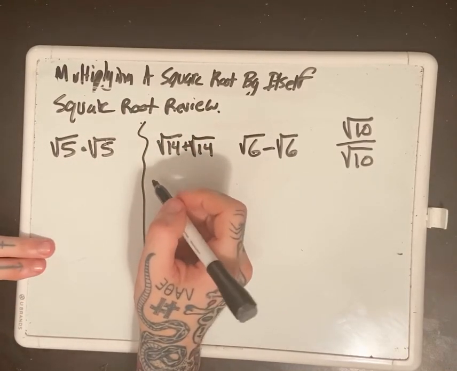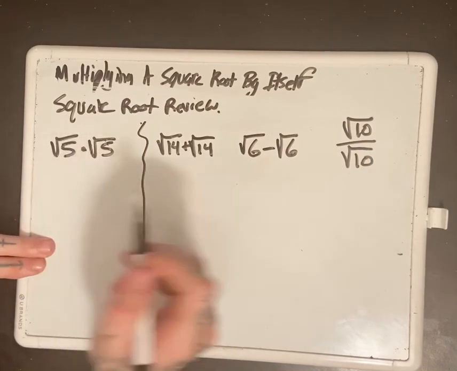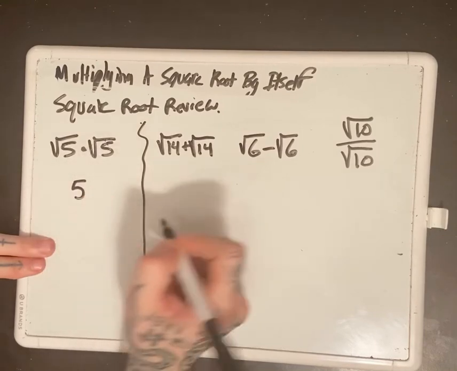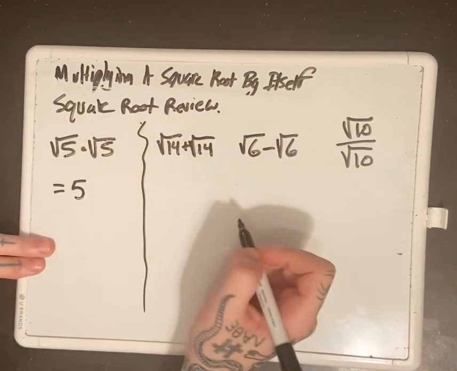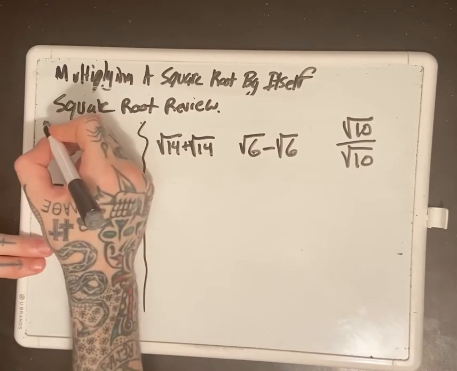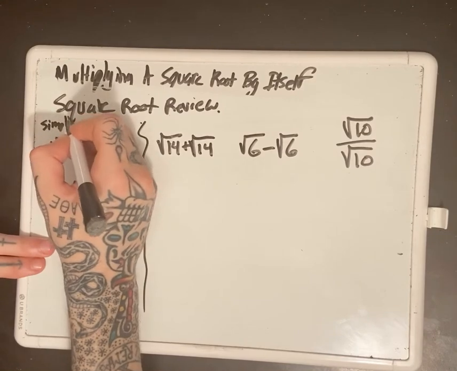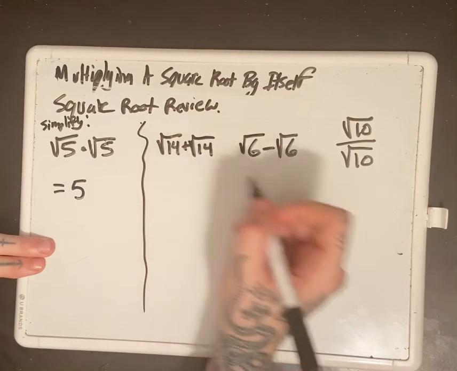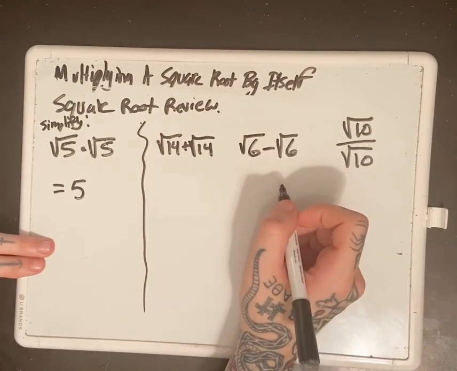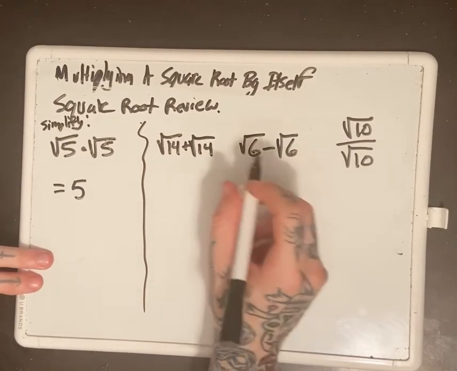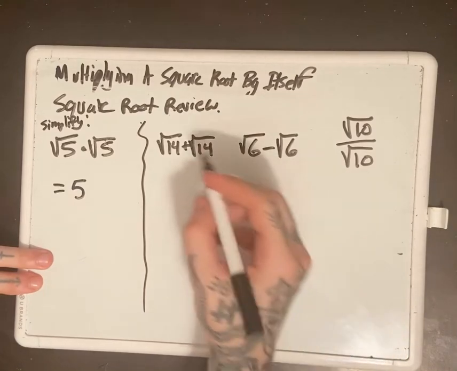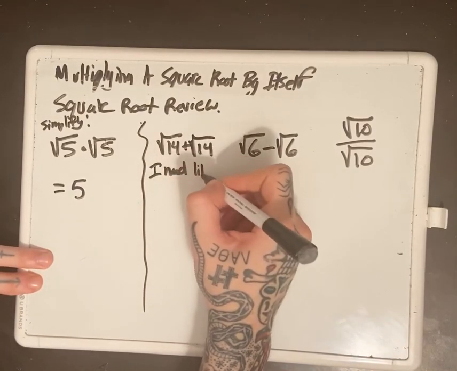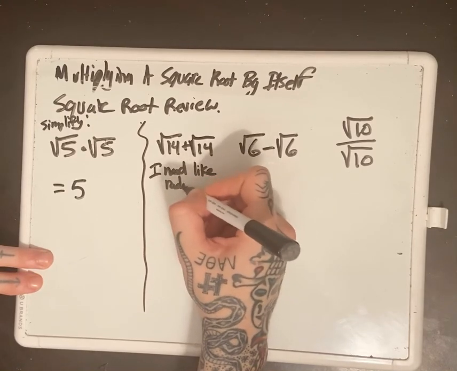Looking just here, we just learned this one. So we know when we have the same number under the radical, the result is just going to be the number under the radical. Okay, and these are simplifying problems. All right, here's a little different, because to add radicals, I need like radicals.